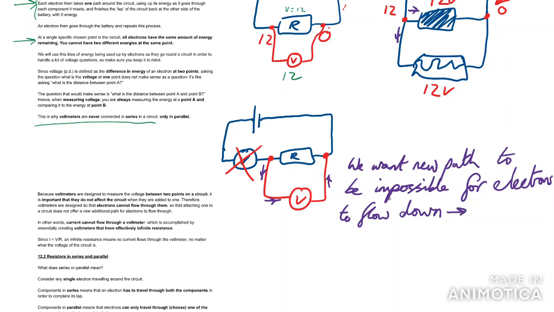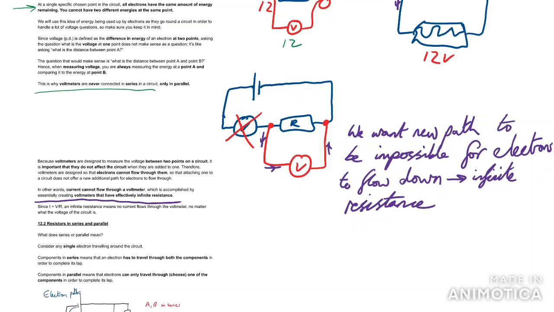In other words, infinite resistance. Because if we've got an infinite resistance, it's like a pipe that's infinitely thin, and so no electrons will flow down it, and that way it won't change the circuit. So in other words, so that current doesn't flow through them, we want voltmeters to have infinite resistance and be connected in parallel.